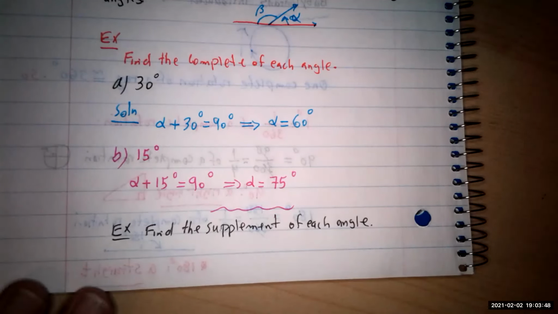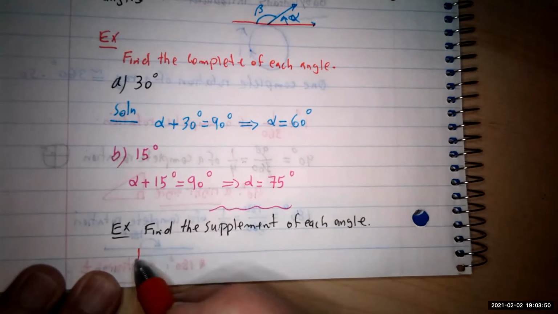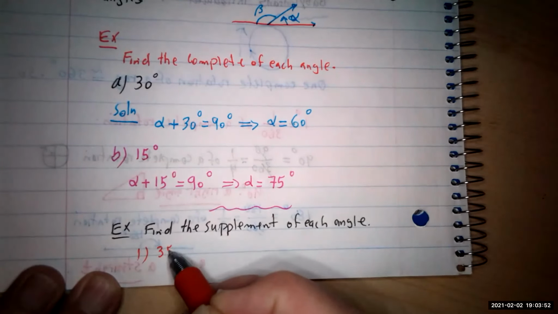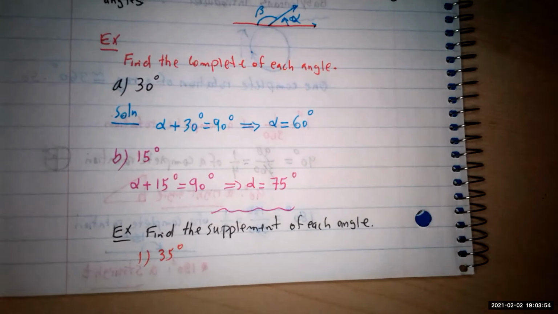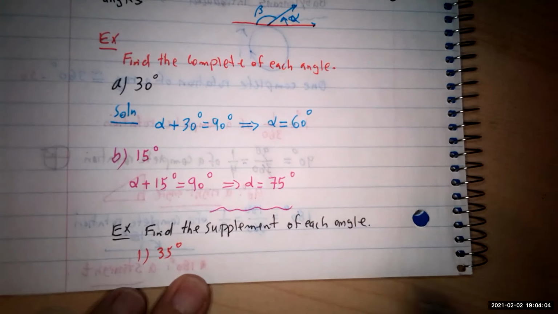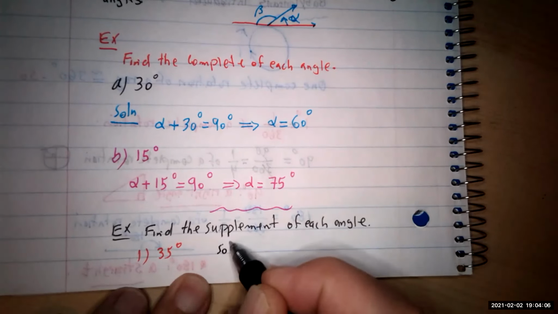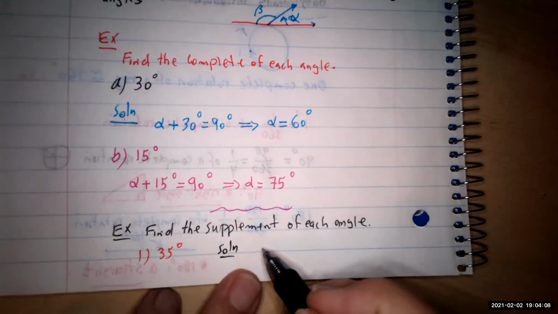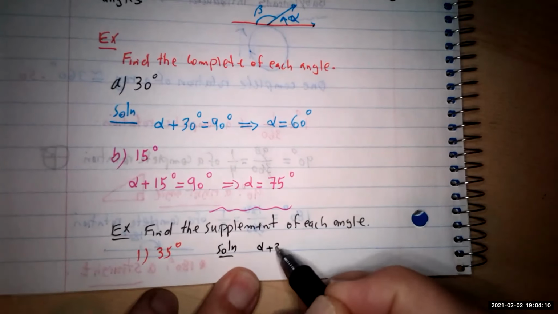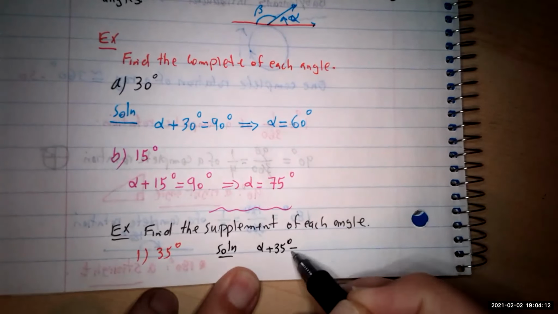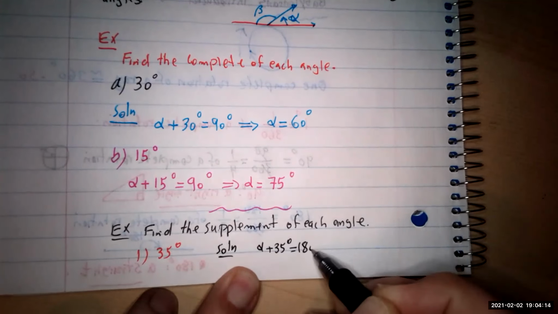Okay, so if the angle is, for example, something like 35 degrees, you have to add something to the 35 to get to the 180 degrees. So you can give us the number right away, or the solution is you want the alpha plus 35 degrees to be equal to the 180 degrees.